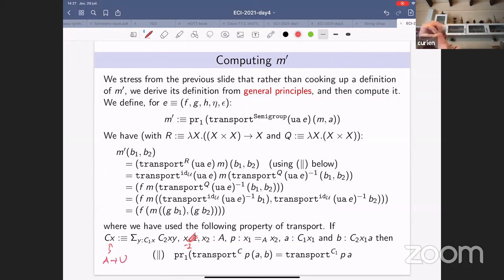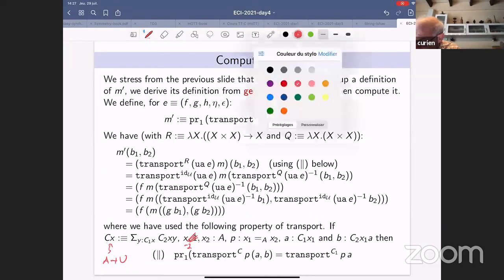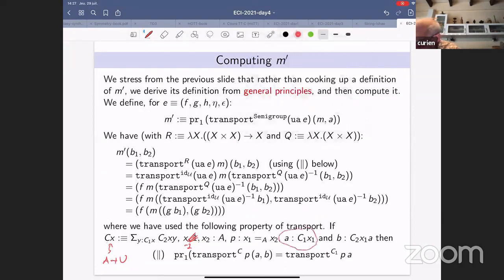Okay, so suppose that P is a path in A, and suppose that A is an element in C1 X1, and that B is an element in C2 X1 A. Okay, in order to read these types, it's better to directly go to what I want to prove.